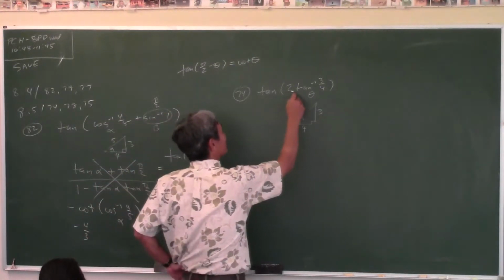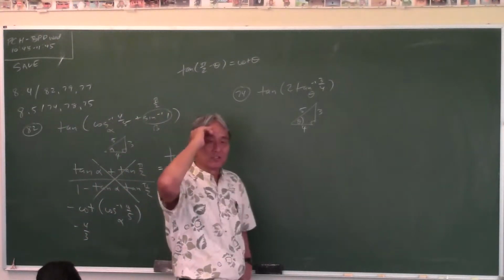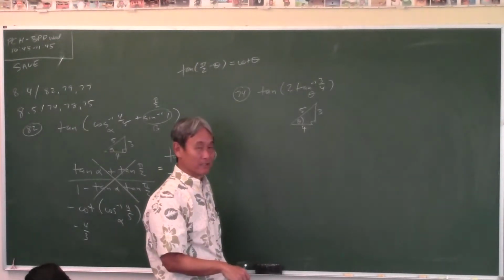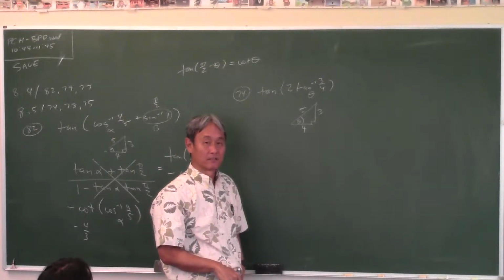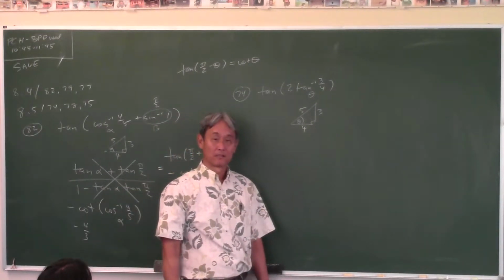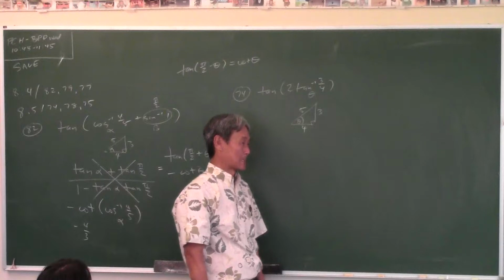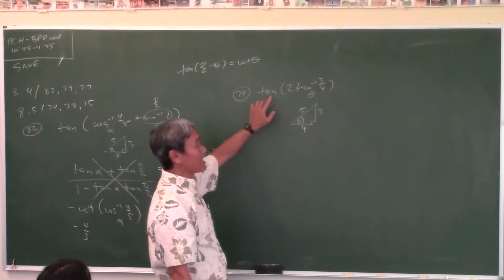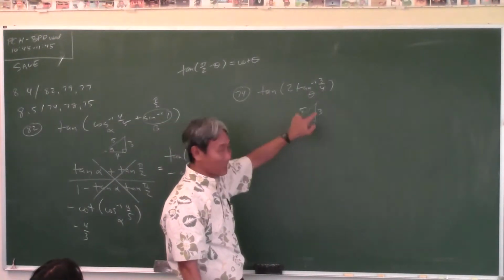Anyway, tangent 2 theta. What's the identity for tangent 2 theta? I need to call on people. How can you not know? What is the identity for tangent 2 theta?